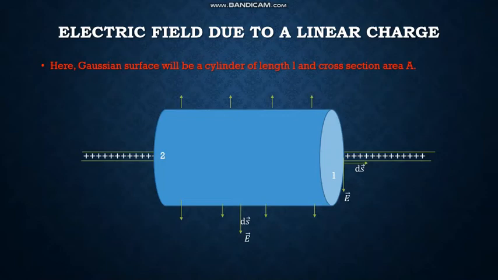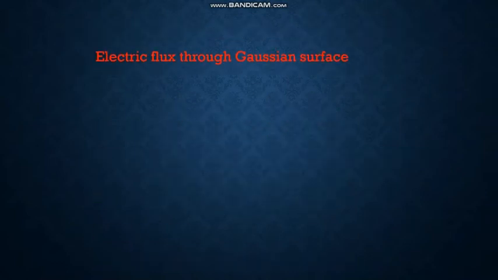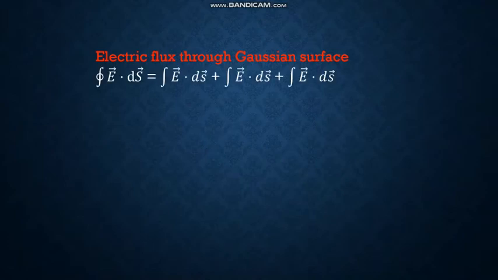The total electric flux through the cylinder will be equal to the sum of the electric flux through each surface of the cylinder. The electric flux through the Gaussian surface, closed integral E dot ds, is equal to the electric flux through surface 1 plus the electric flux through surface 2 plus the electric flux through the curved surface.